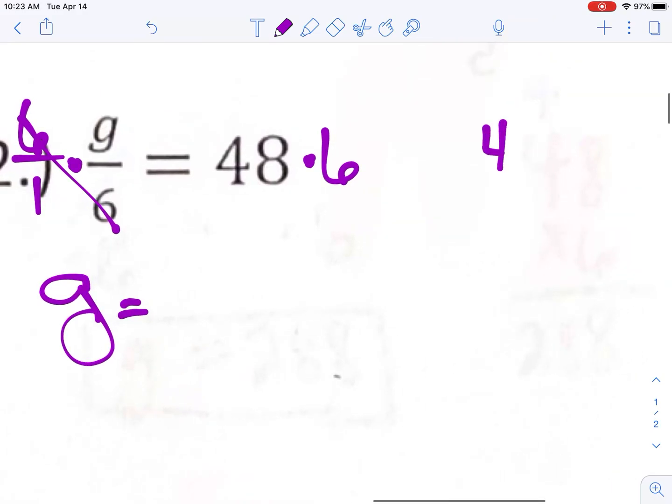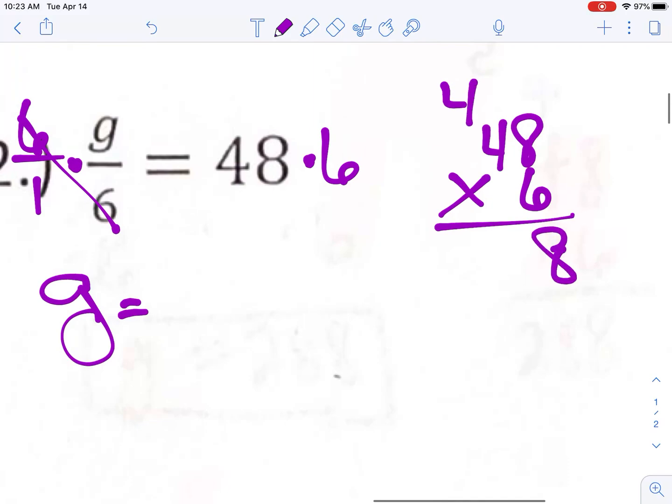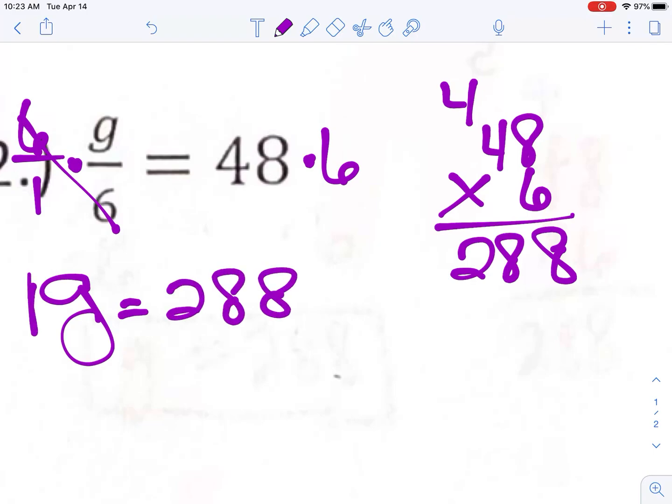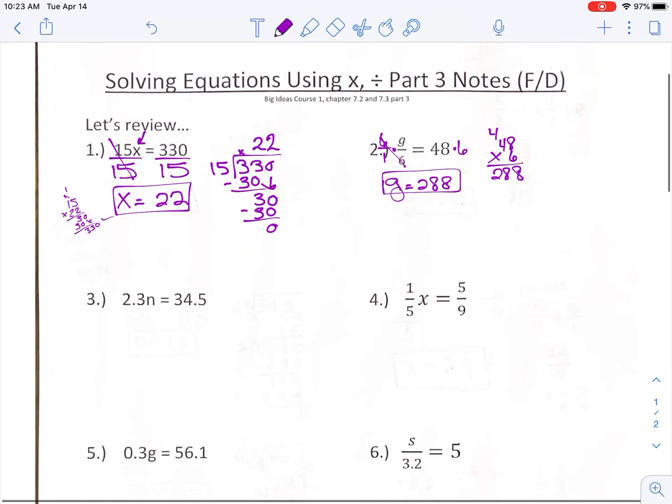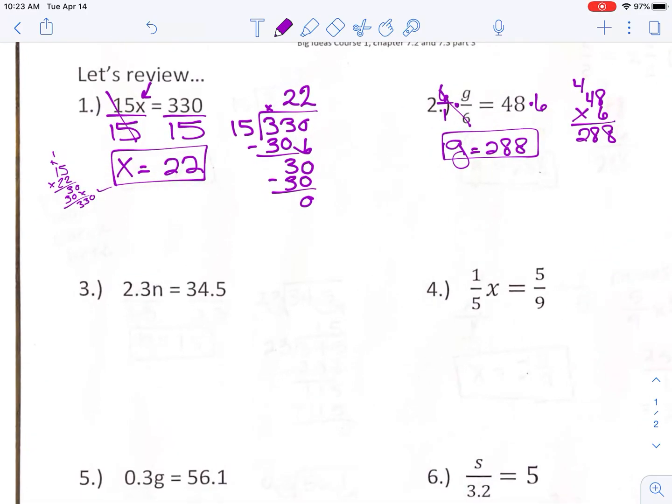So on the left, we have g by itself. On the right, we just need to multiply 48 times 6. 24, 25, 26, 27, 28. So we have 288. Okay. So again, just using inverse operations to solve, get that variable by itself.